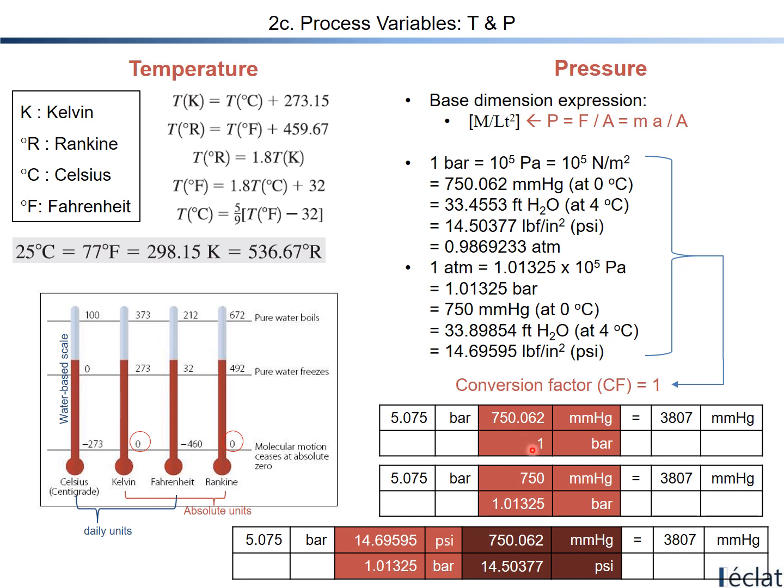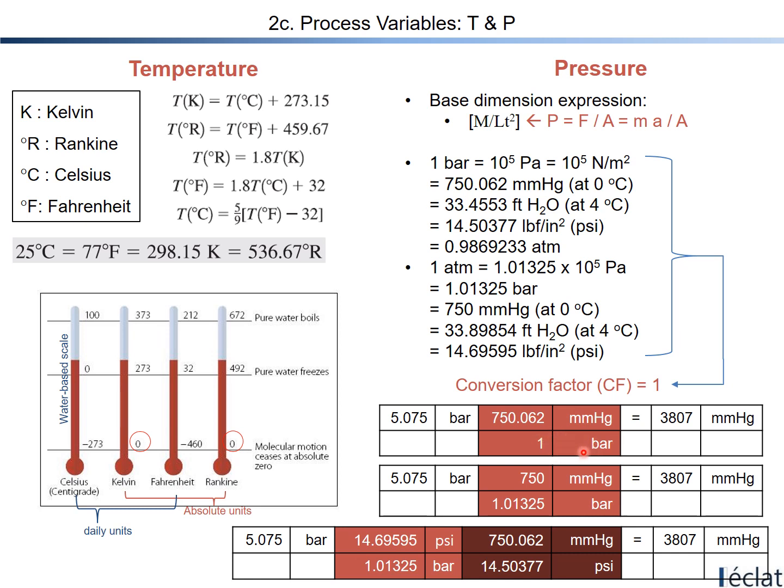Okay, 1 bar is equal to 750.0662 milli Hg. And then let me place this milli Hg value into the numerator, and the bar value is going to the denominator. This value, including the unit, is equal to this value, including the unit.